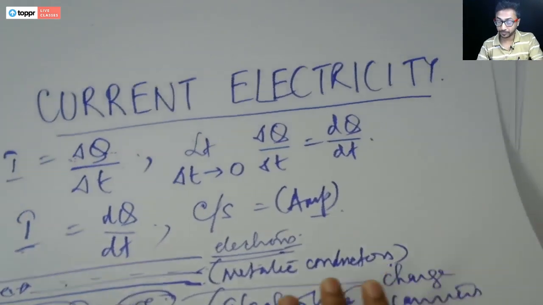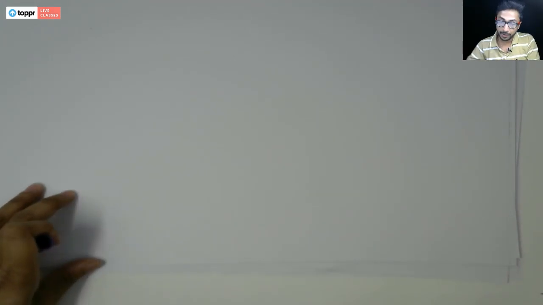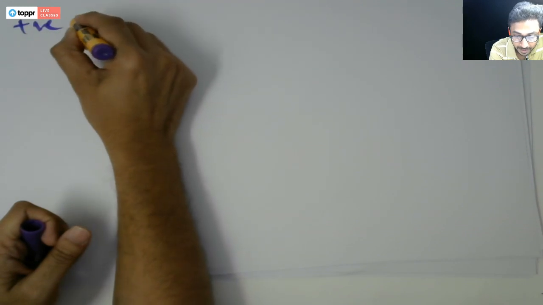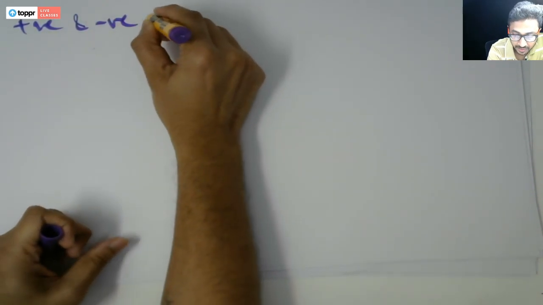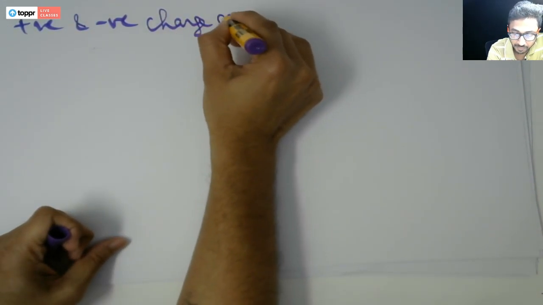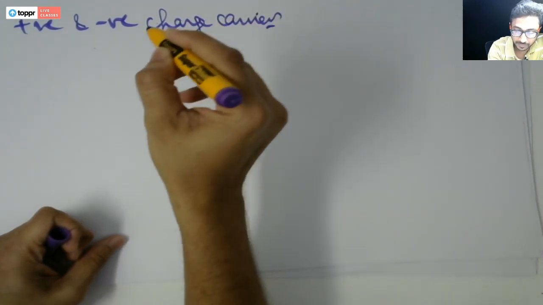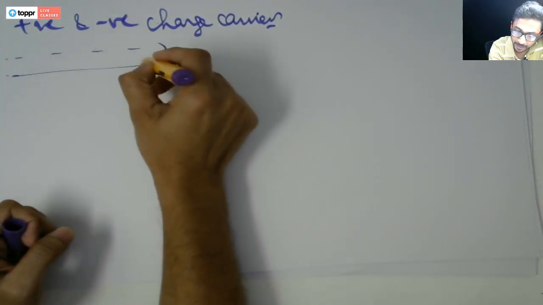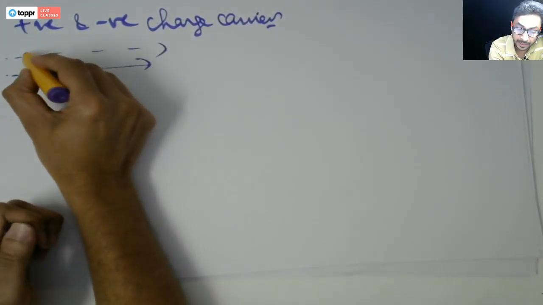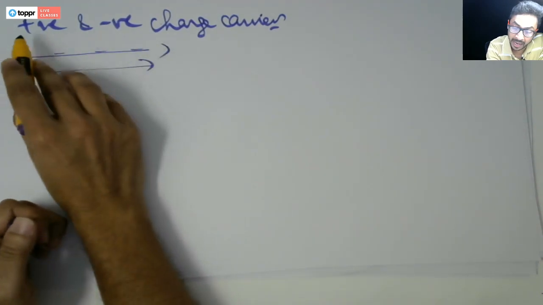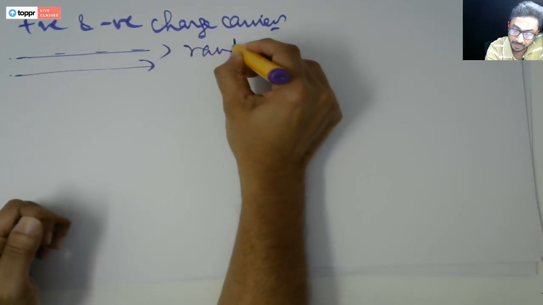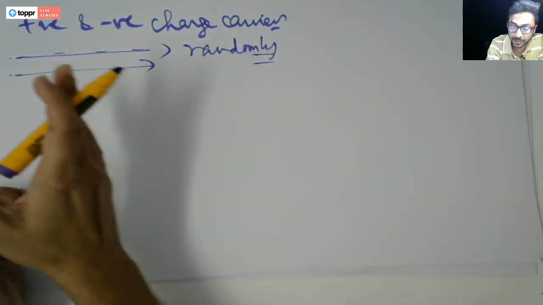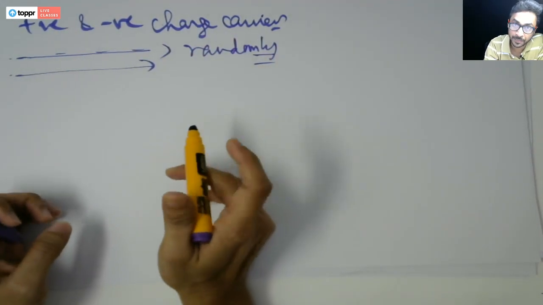Now, when we have positive and negative charge carriers and they are moving randomly, we would definitely not get an electric current, because we are not having a net flow of charge.